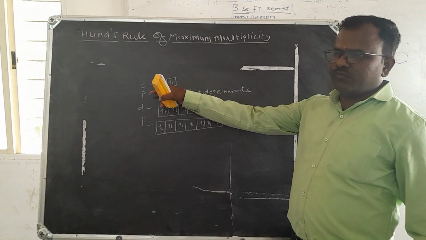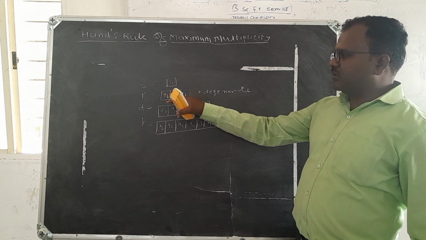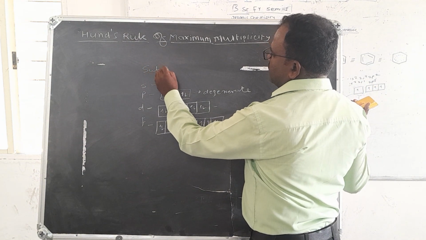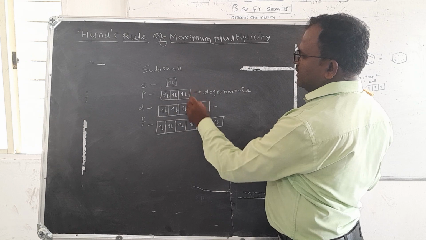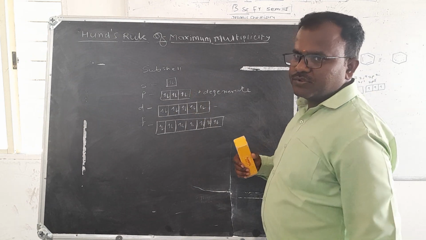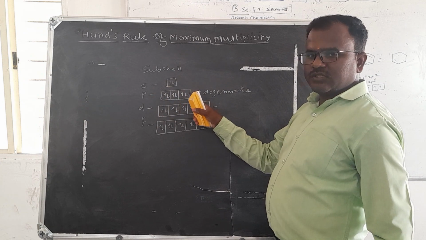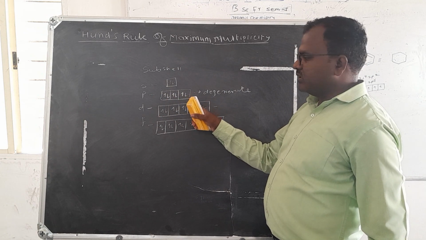Here in the s subshell, 2 electrons are present, and only one orbital is present. The maximum accommodation capacity of the s subshell is 2 electrons. The p subshell has 3 orbitals, but the accommodation capacity is 6 electrons.